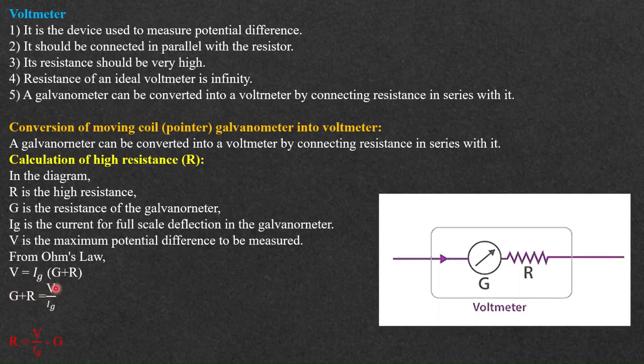We need to know R, the resistance to be connected to the galvanometer, so I shift G to the other side of the equation, where it becomes minus G. So we get R equals V by Ig minus G. This is the resistance we need to connect in series with the galvanometer to convert it to a voltmeter. Thank you.